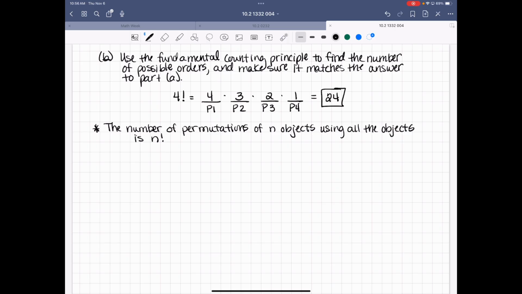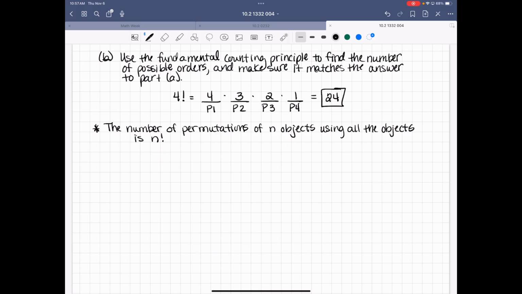That's going to become kind of important because we're going to, in a little bit, say we've got 10 objects, but we're only choosing 2. How many different ways can 2 people be chosen from 10? Okay? Where order matters.